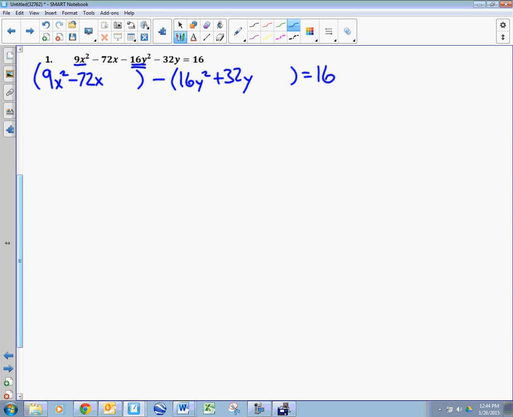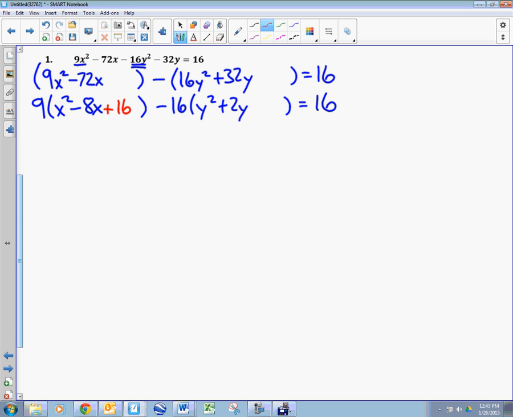Now before I complete the square, what must I factor out of the first one? So I have 9 times (x squared minus 8x). Very good. Complete the square in the first one. 16. Take 8 divided by 2, get 4 squared, you get 16.